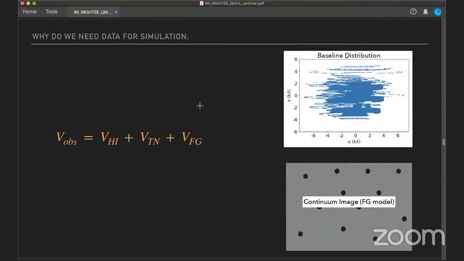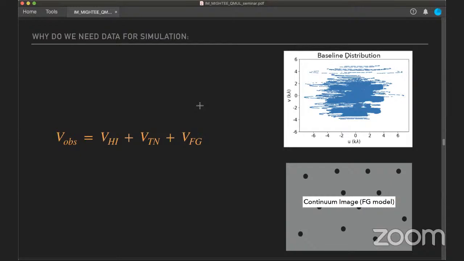And if you ask why we need data for simulation, the reason is that the observed visibility, which is the primary data product of an interferometer, consists of three components. We get visibility from the actual cosmological signal, let's call it V_H1, and we have the contribution from the thermal noise, and also a contribution from the various foregrounds, like extragalactic foregrounds and diffuse synchrotron emission.